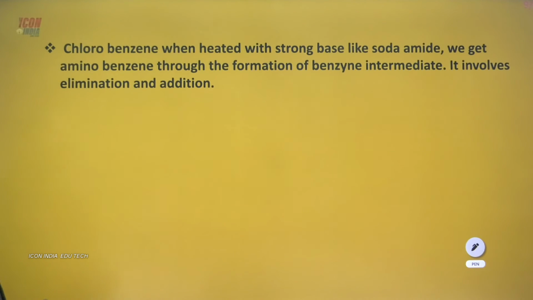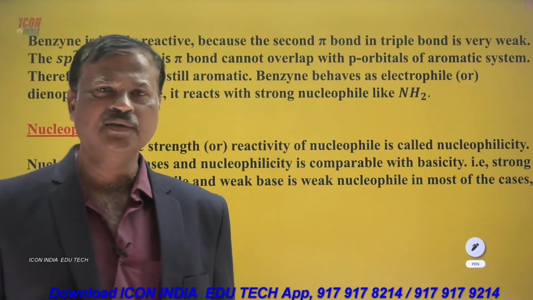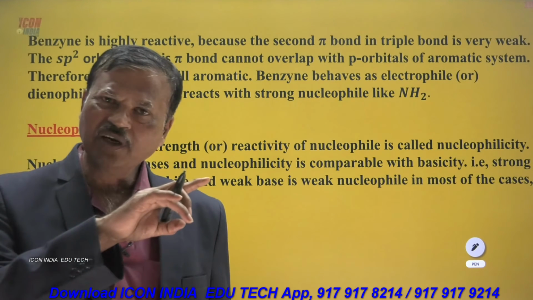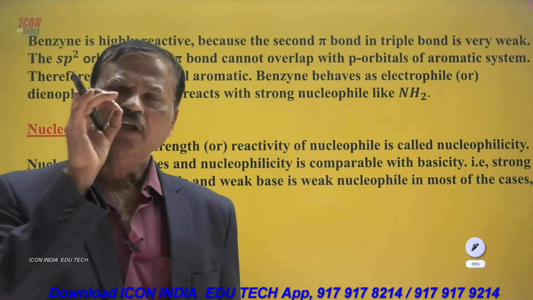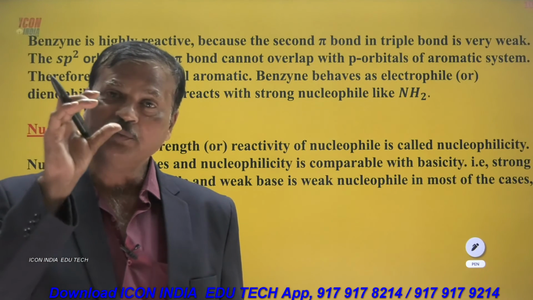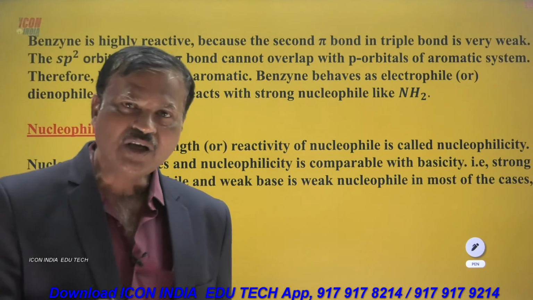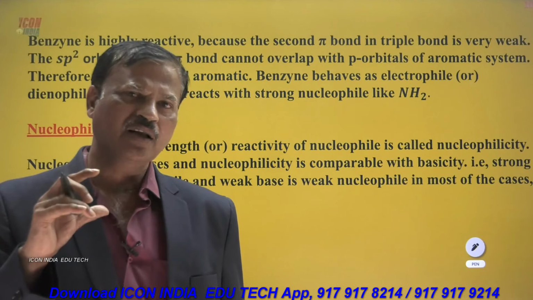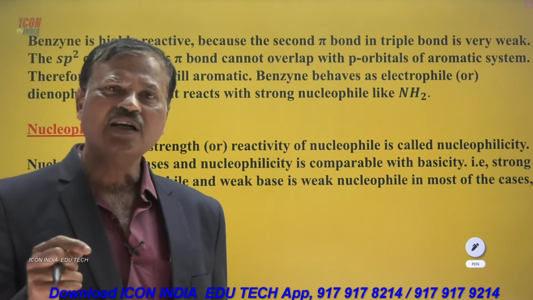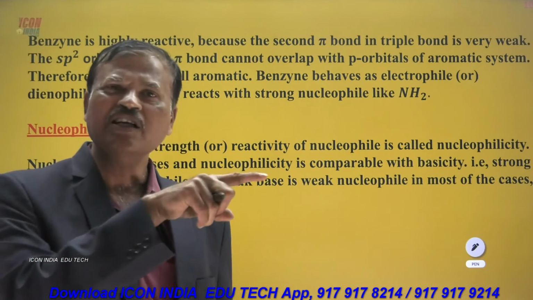The most important thing regarding benzyne is that it is still aromatic. We know benzene is aromatic. In the conversion of benzene to benzyne, it did not lose aromatic character. In spite of the presence of the triple bond in benzyne, it is still aromatic, because that second pi bond in the triple bond doesn't interfere with aromaticity.